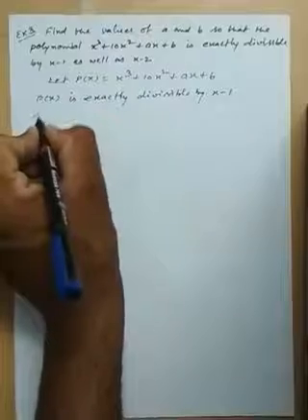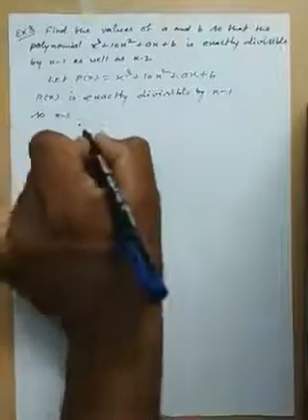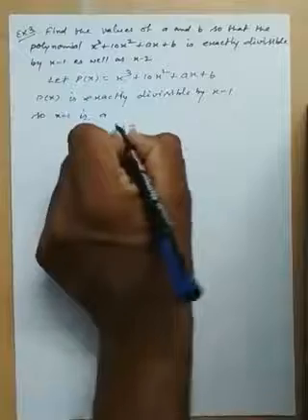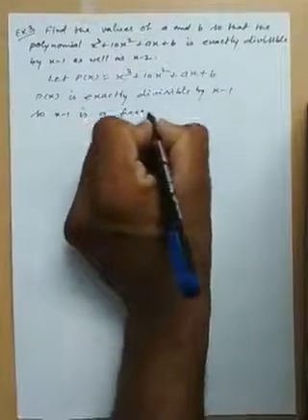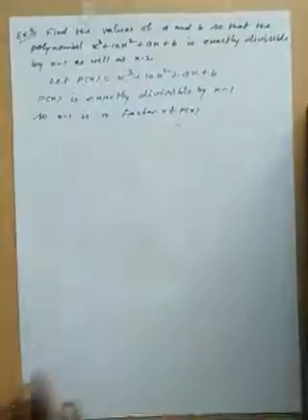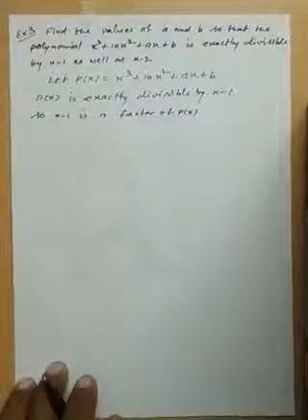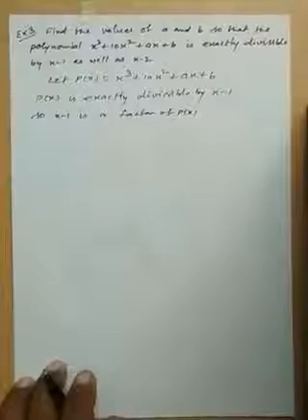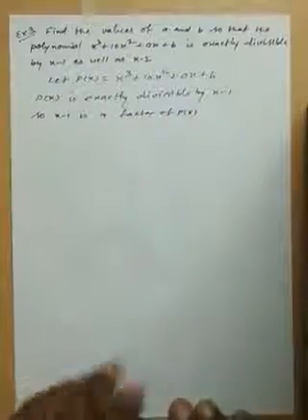So x minus 1 is a factor of px. For using the factor theorem, here remainder should be 0.